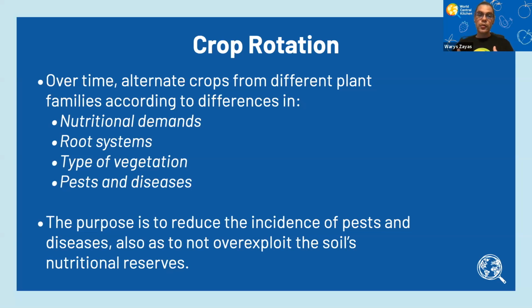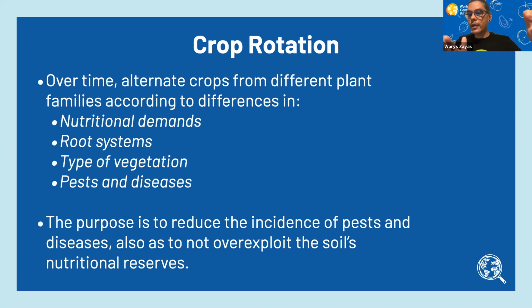What you need to consider when planning your harvest with this technique are the nutritional demands of the crops, the root systems, the type of vegetation, and pests and diseases. That means if you are planting lettuce in this lot this time, you will not plant any plant of the same family again.